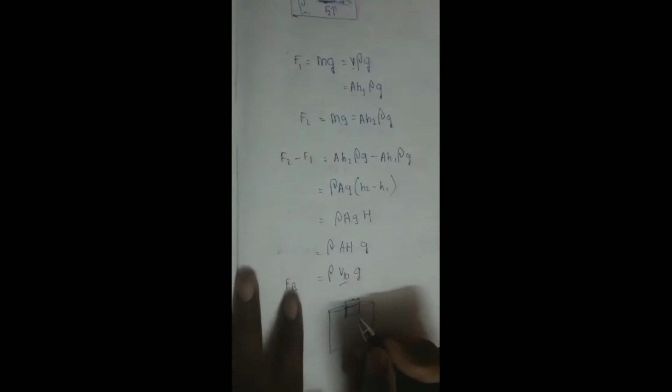When the body is immersed, some water is displaced by the body. How much is displaced? As much as the volume of the body is immersed, that much water is displaced. So the volume of the body is equal to the volume of water displaced. Okay, here we got the volume of the body.